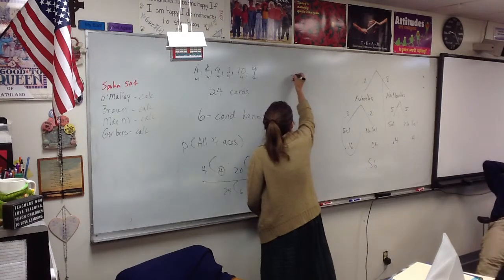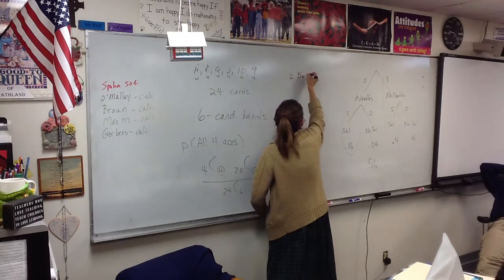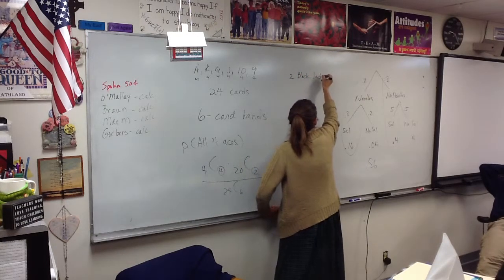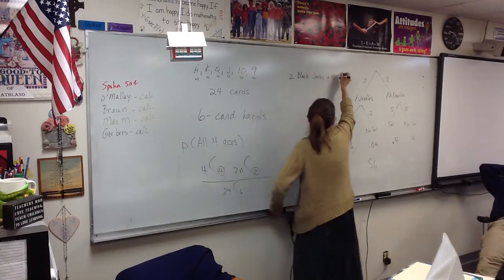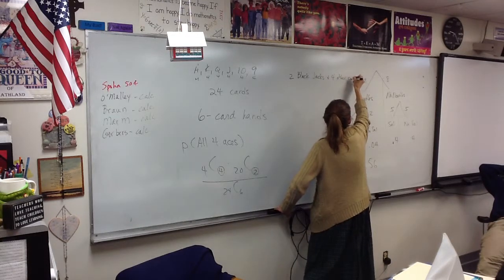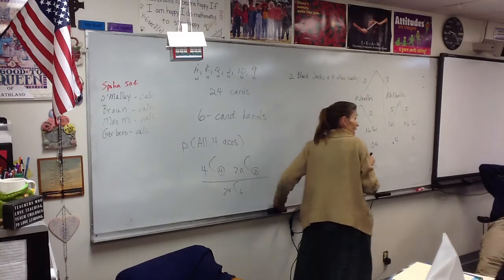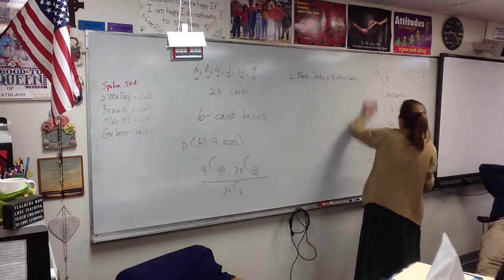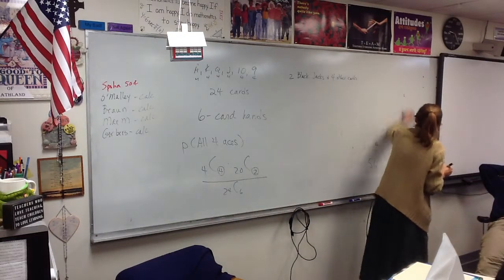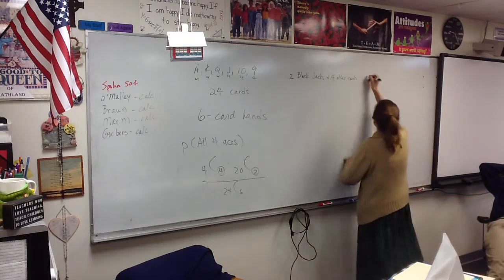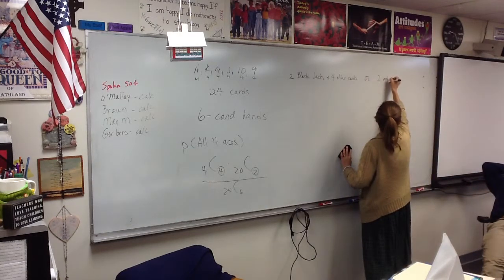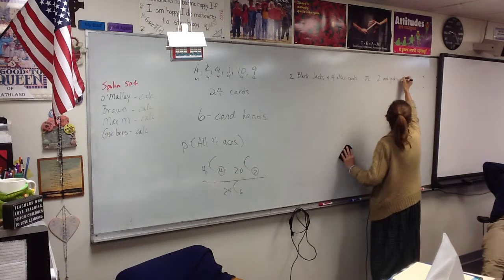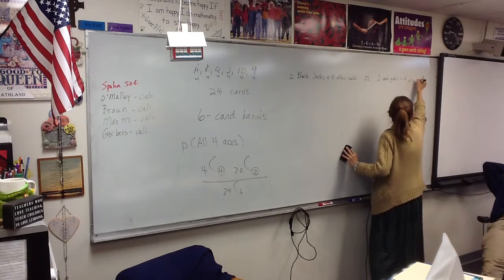You could get 2 black jacks and 4 other cards, right? Or you could get 2 red jacks and 4 other cards.